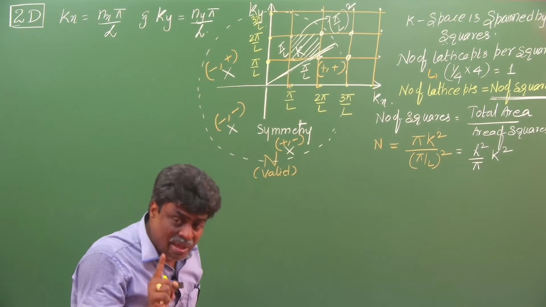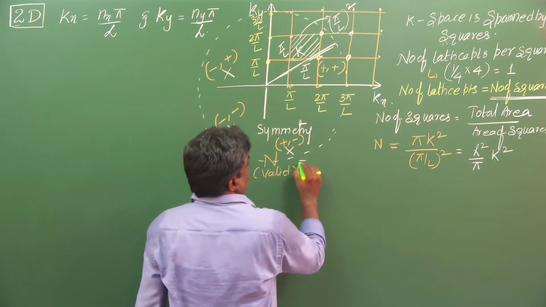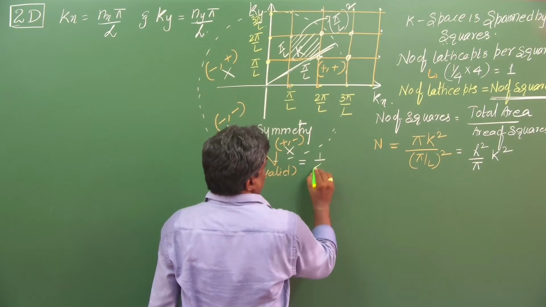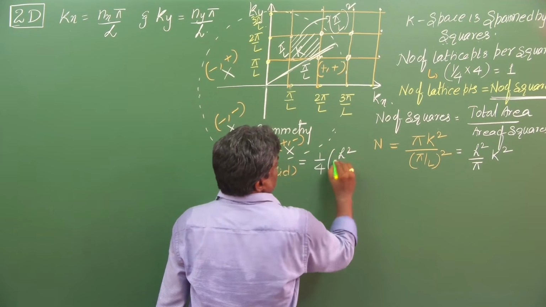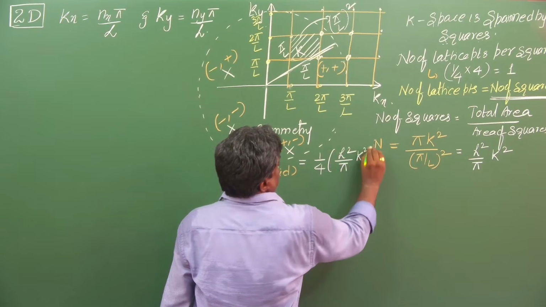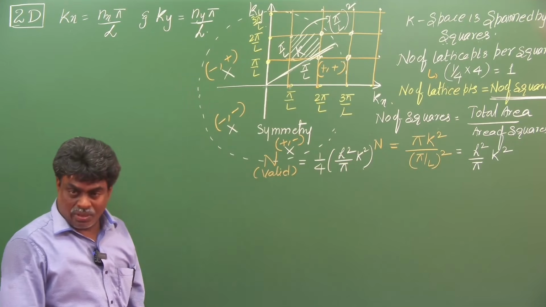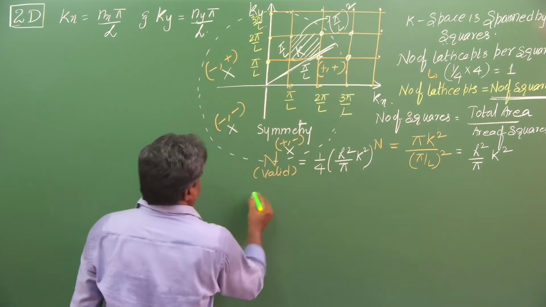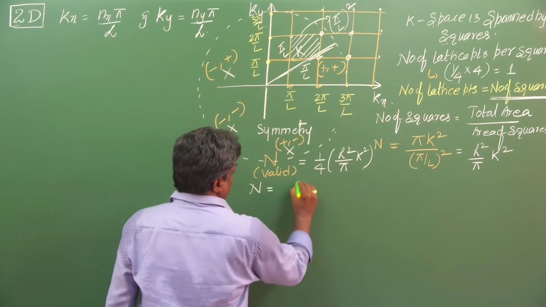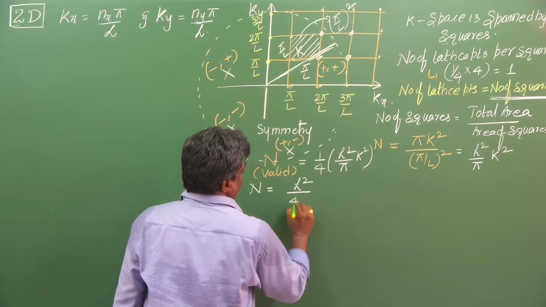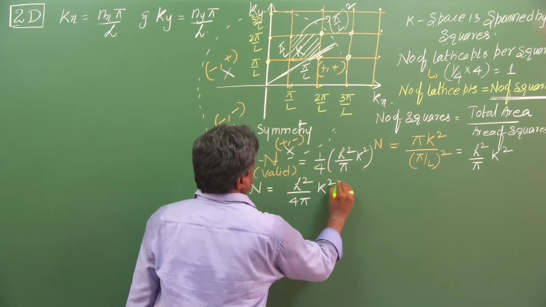Only 1/4 is valid. That's why 1/4 into L square by pi k square. So finally, n valid equal to L square by 4 pi k square.